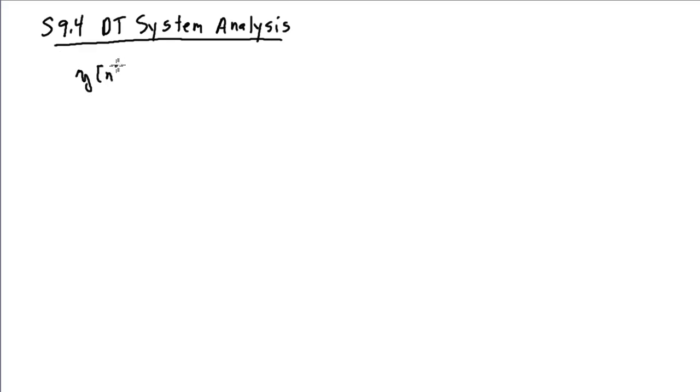We know that we can find the output by convolving the input with the impulse response of the system, and in the discrete time Fourier transform domain, convolution becomes multiplication.